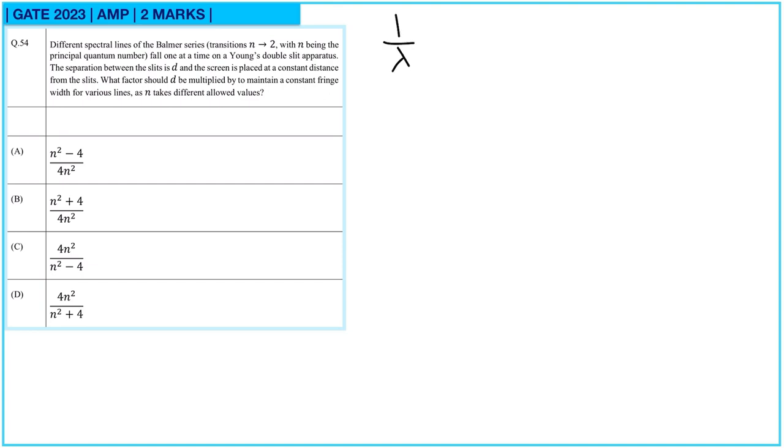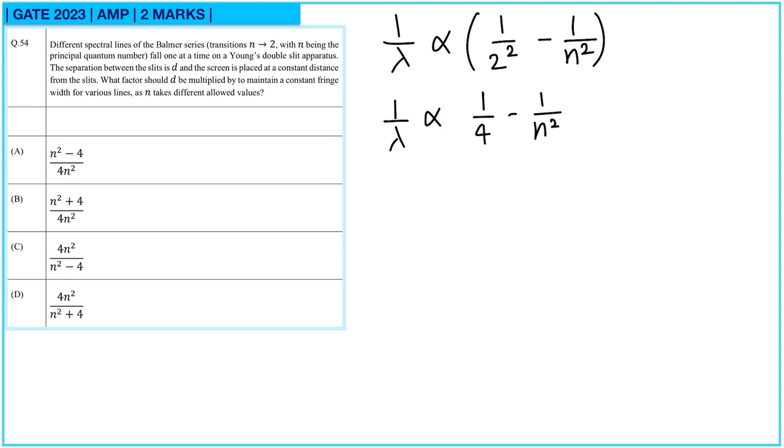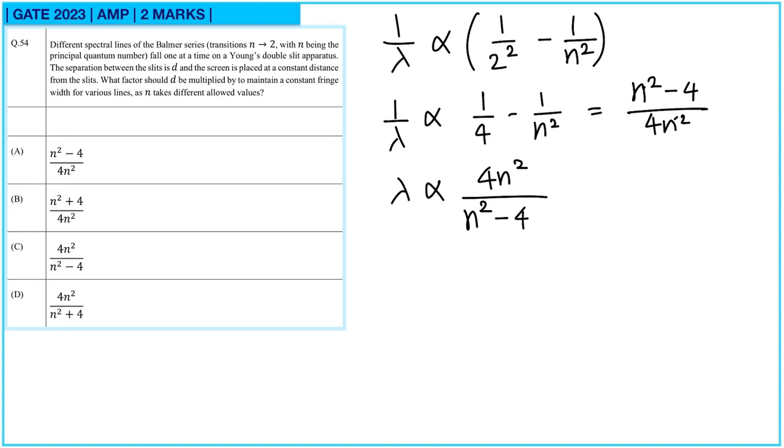Now we know 1 by lambda is proportional to 1 upon 2 raised to 2 minus 1 upon n raised to 2. That means 1 by lambda is proportional to 1 by 4 minus 1 by n square, which is n square minus 4 upon 4n square. So that means lambda is proportional to 4n square upon n square minus 4.